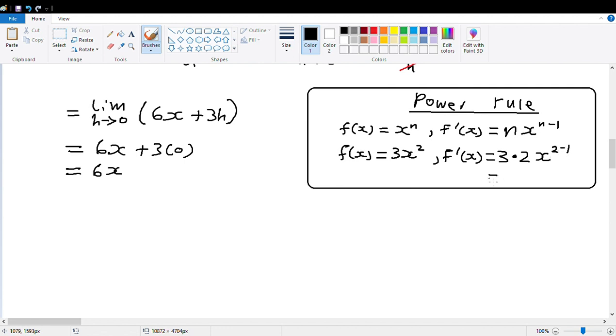Therefore, 3 times 2 is 6, and x to the power 2 minus 1 is x to the power 1. Therefore, this is our solution there.